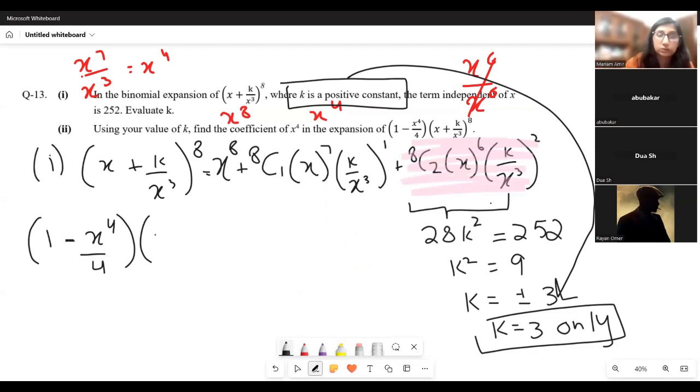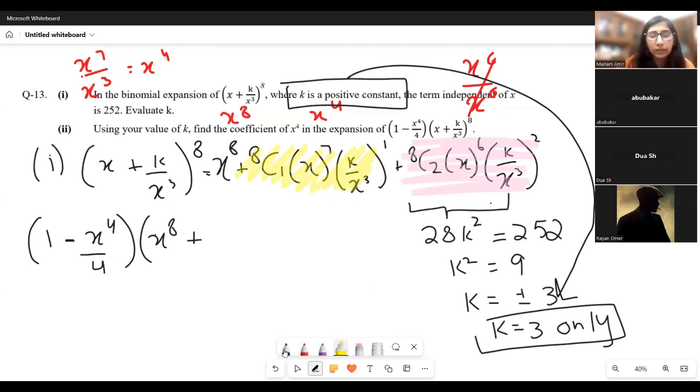So that is going to be x power 8 plus the second term, that is the x⁴ term. Let's find this as well because we will be needing it, since we only need x power 4 in there.